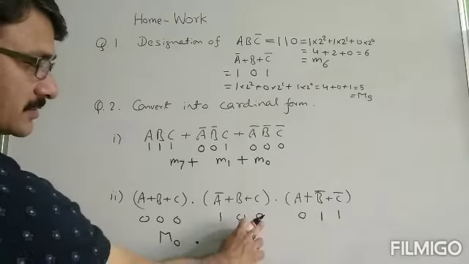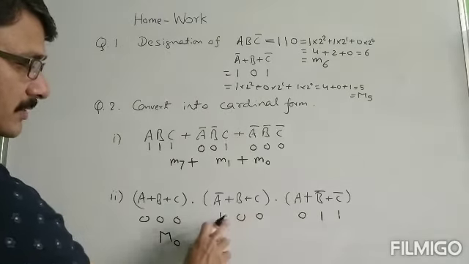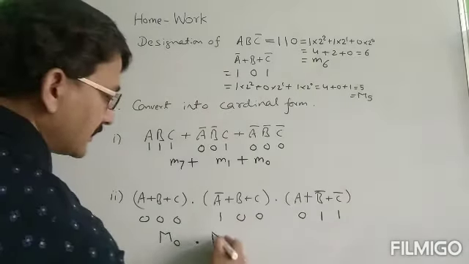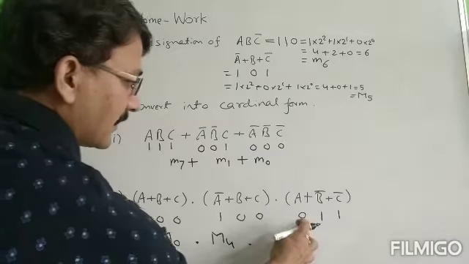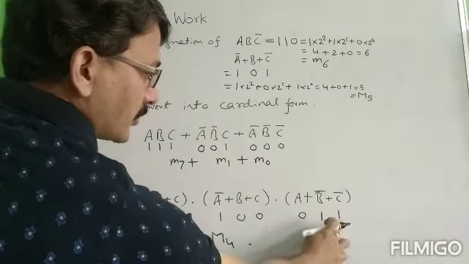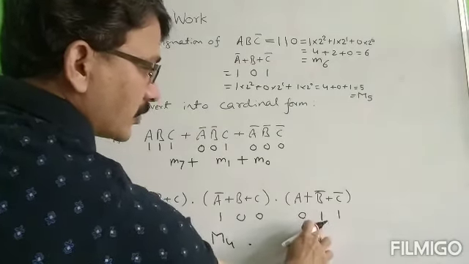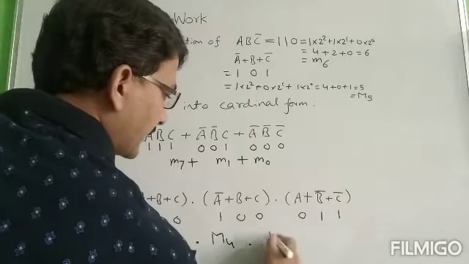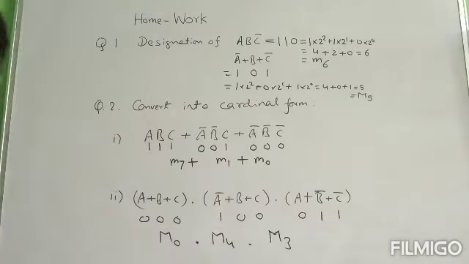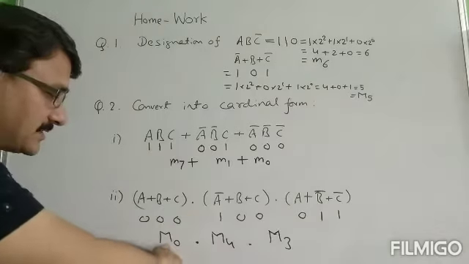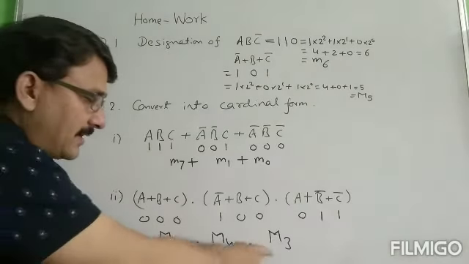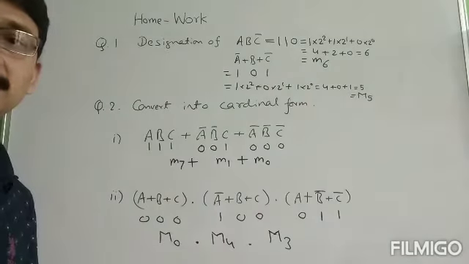It's 0, 0, then 2 to the power 0, 2 to the power 1, 2 to the power 2. 1 into 2 to the power 2 is 4, and then 0, 2 to the power 0, 2 to the power 1, so 2 plus 1 is 3. This is the way we can do this question. The cardinal form of this is M0 and M4 and M3.